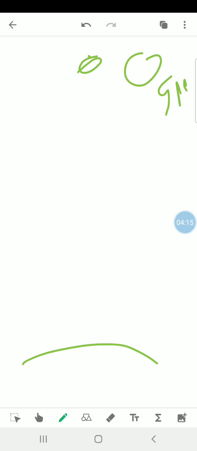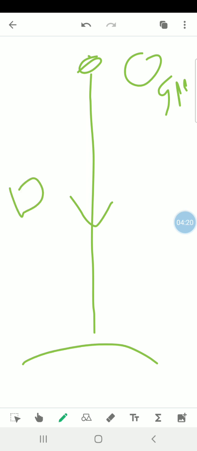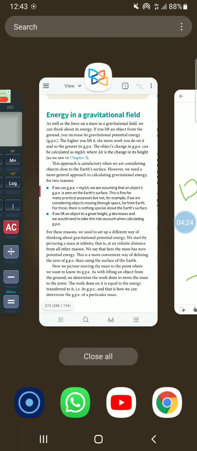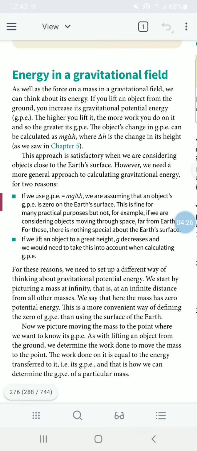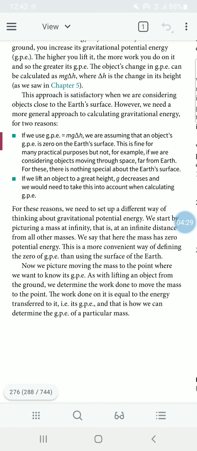Then when you come closer to the Earth, you do work. We say that here the mass has zero potential energy. This is a more convenient way of defining the zero of GPE than using the surface of the Earth. So rather than saying that gravitational potential energy on the surface of the Earth is zero, we are saying that at an infinite distance, it has zero energy.